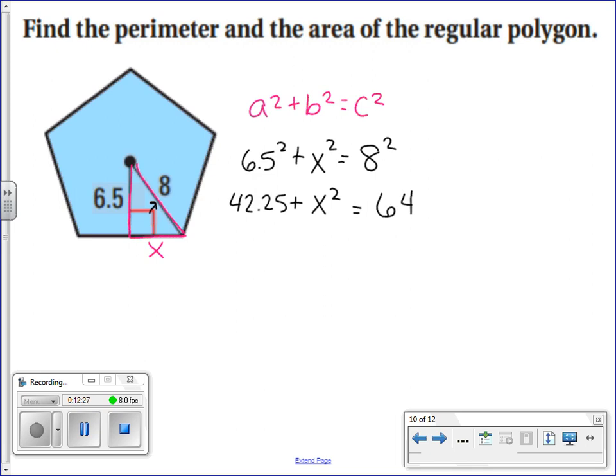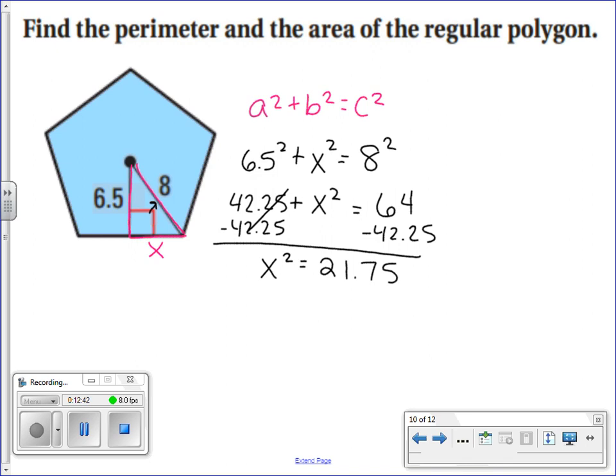If I subtract 42.25 from each side, I then have that x squared is equal to 21.75, which means x is equal to the square root of 21.75.